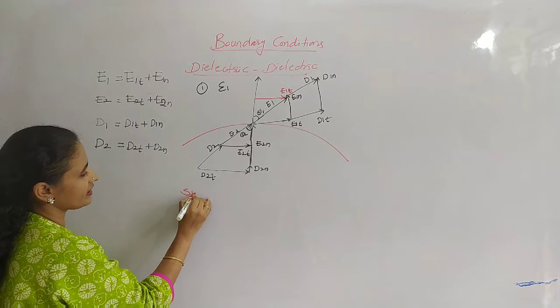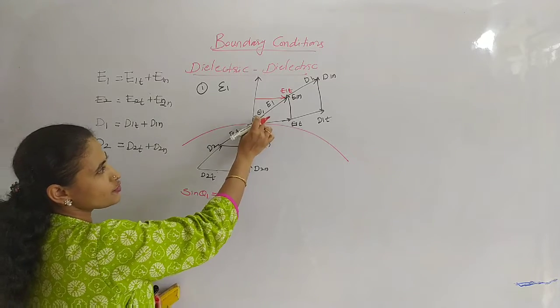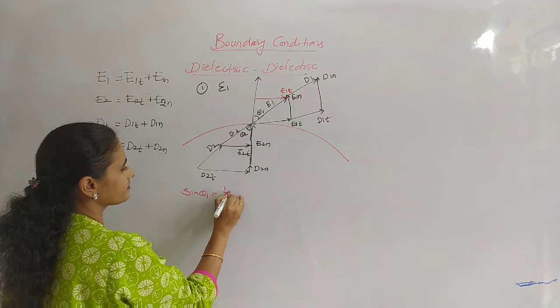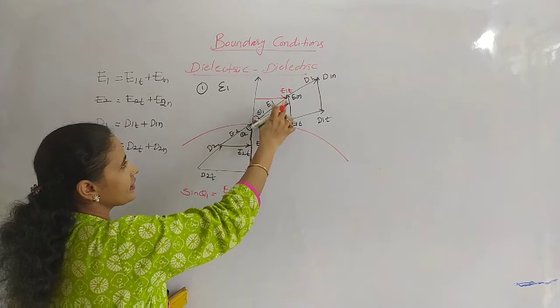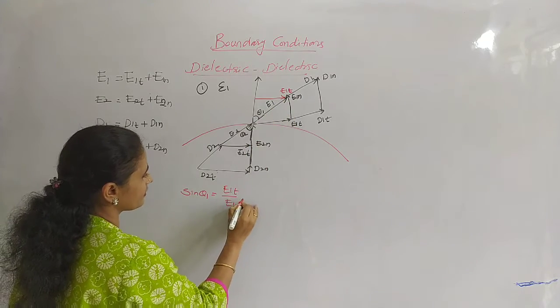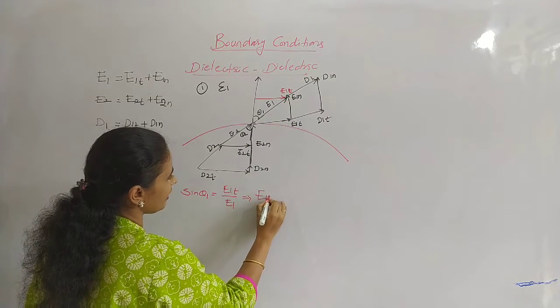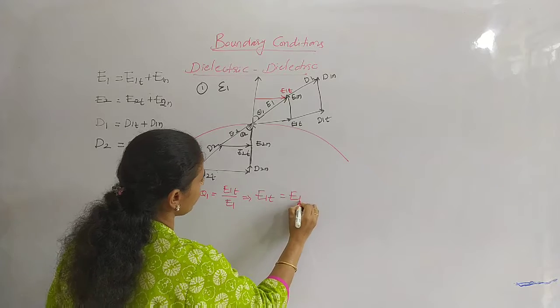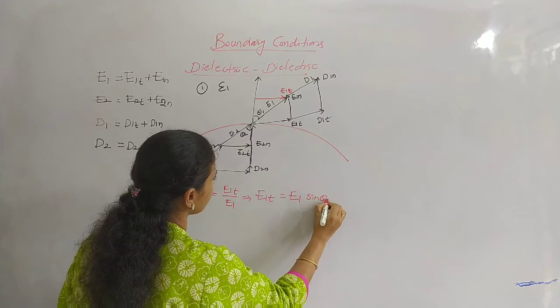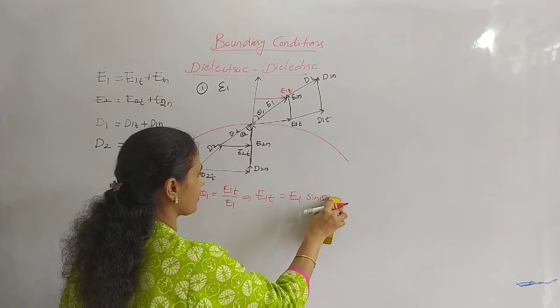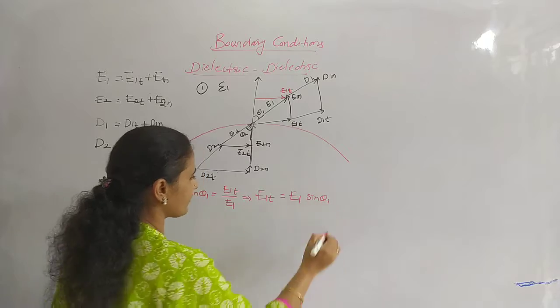So sin theta 1 is given by the opposite side E1t by the hypotenuse E1. From this, E1t can be written as E1 sin theta 1.